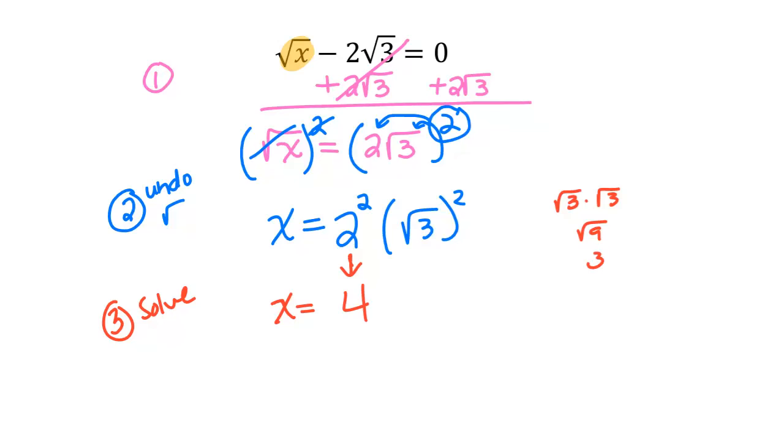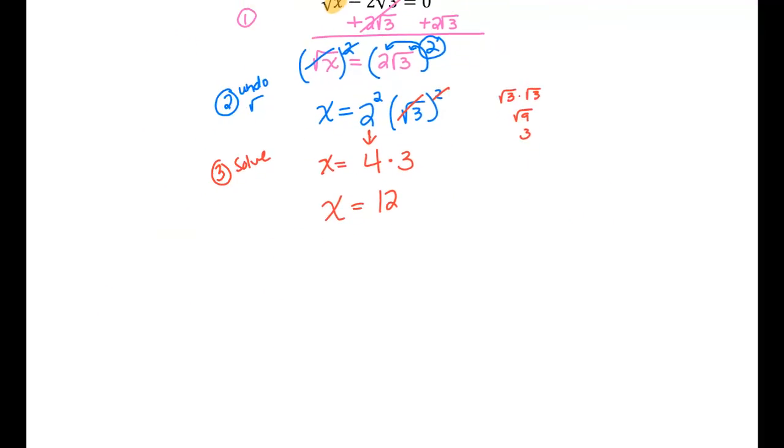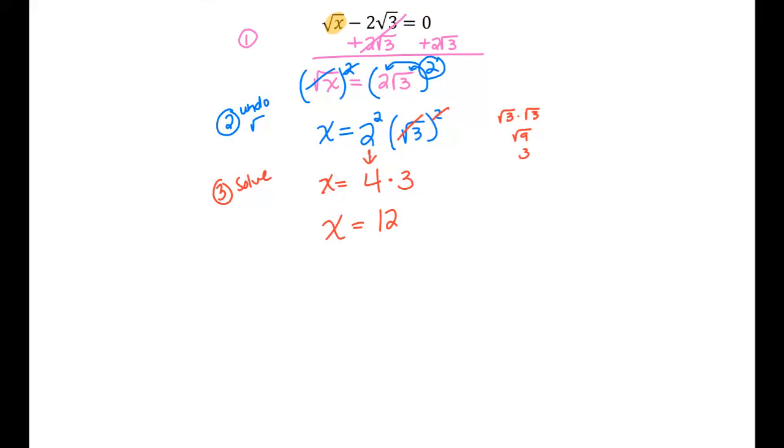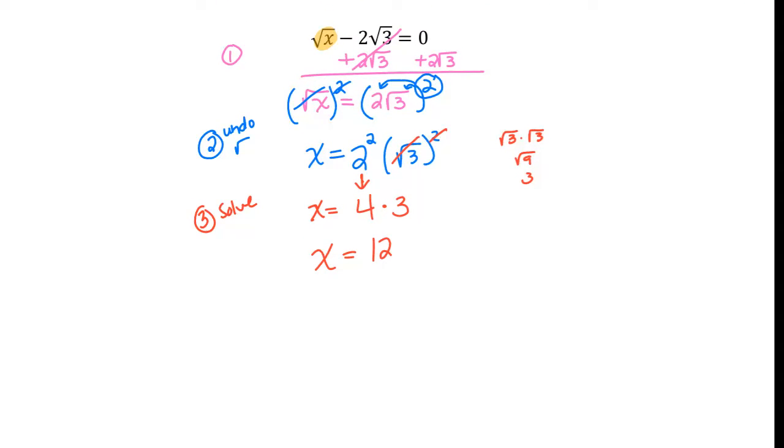Or basically, the square root cancels out the squared, so I'm going to be left with 3. 4 times 3 is going to give you, what's 4 times 3? 12. I got x equals 12. But remember, now I have to go check it. So step number 4 is to now check it.